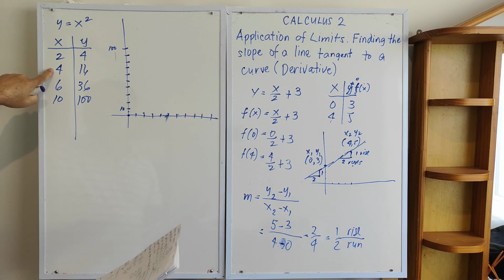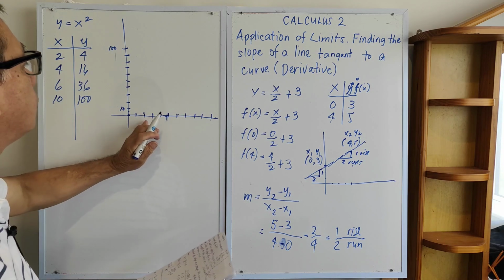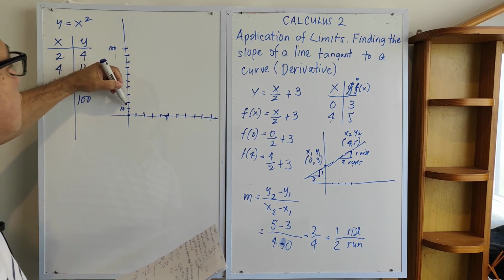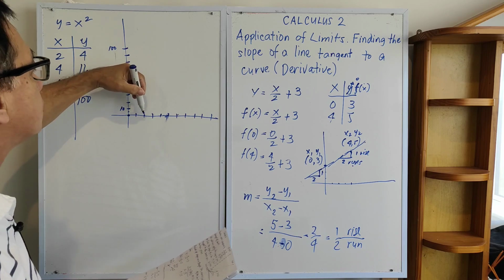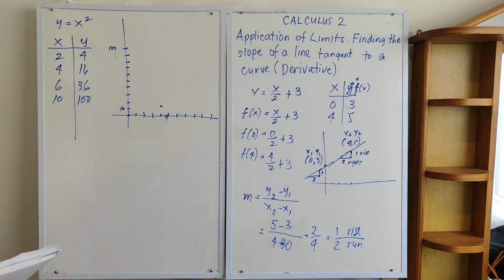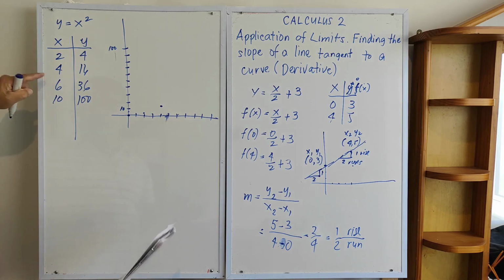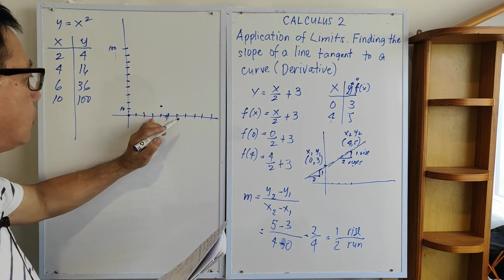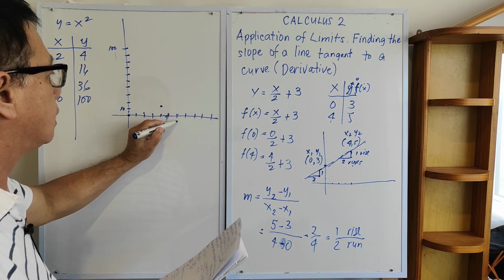We plot 4 and 16. So 1, 2, 3, 4. Your 16 is, this is 15, so your 16 will be slightly higher than 15. So this is your 4 and 16. Your 6 and 36 is 1, 2, 3, 4, 5, 6. This is 6.